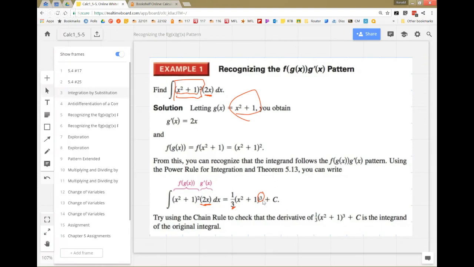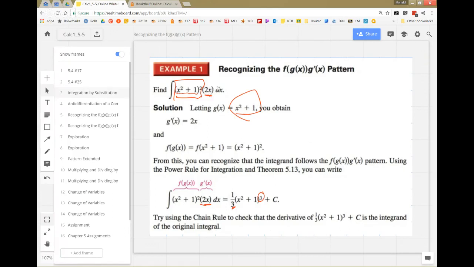By the way, if we check this, how do we check this? How do we know this is the correct integral? We would differentiate, and we'd have to use the chain rule. So when you differentiate this, what happens? The 3 would come down, be multiplied by 1/3 and equal 1, and you'd have x squared plus 1 squared, and then you'd use the chain rule times 2x.